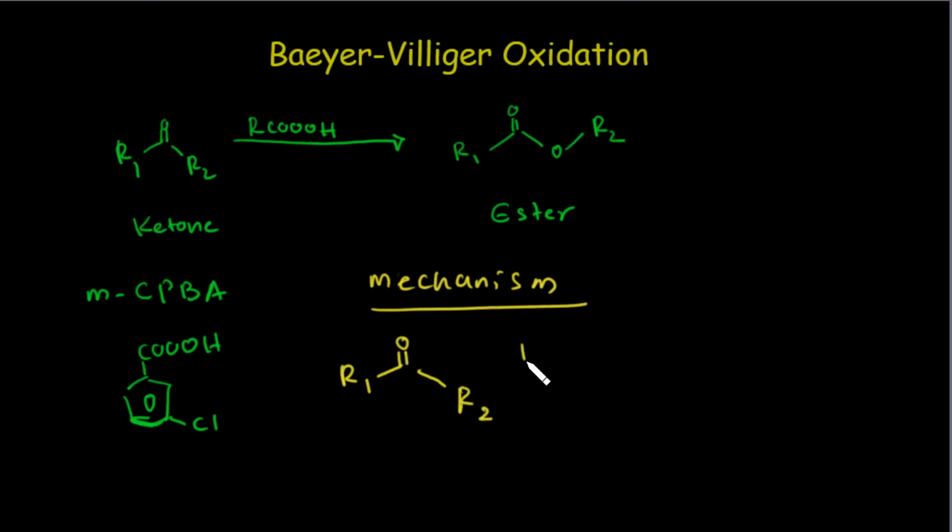So we have hydrogen. You need to always draw a lone pair, remember that. So this is a peroxide, and we have a lone pair here. The ketone attacks this hydrogen in the peroxide and then creates this anion.